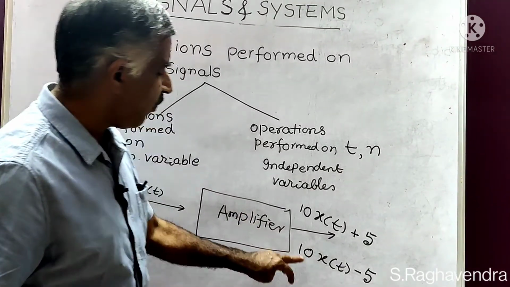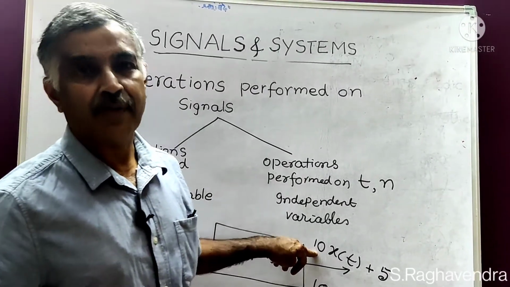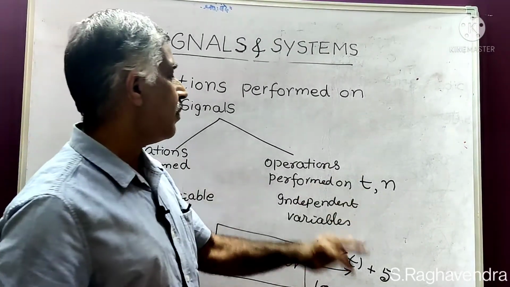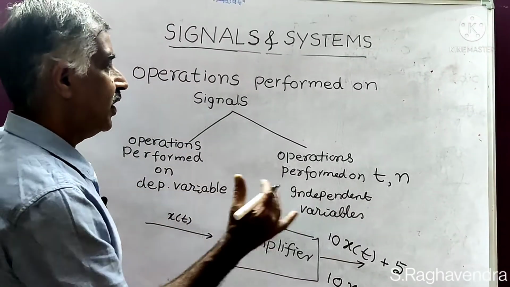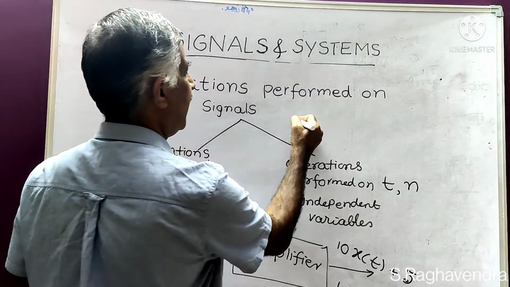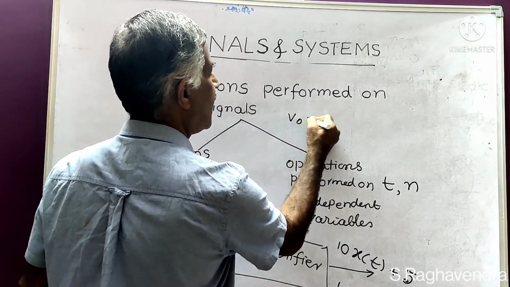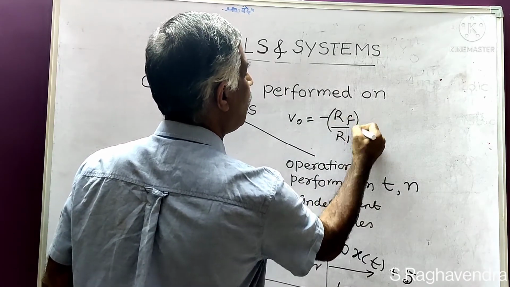And this type of multiplication by a factor is also called scaling. You have already come across scaling in the case of amplifiers, op-amps. In the case of feedback configuration, it is given by V0 equal to minus RF by R1 into V in.